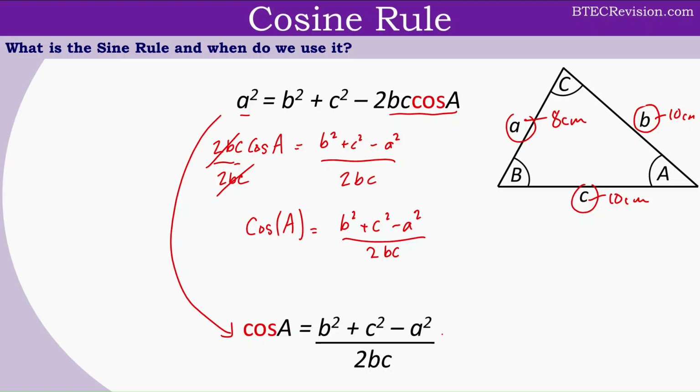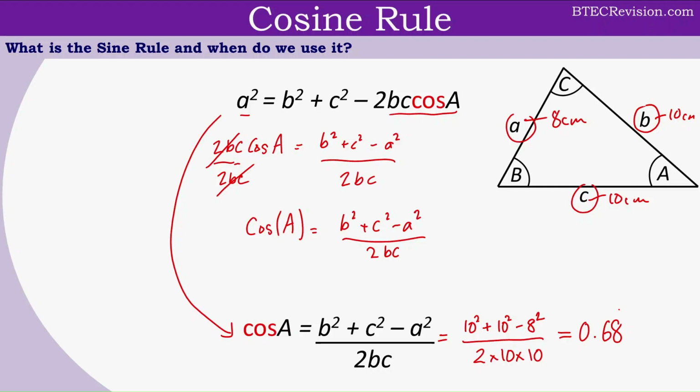Plugging these values into our equation, we get b is 10 squared plus c is 10 squared, take away a is 8 squared, divided by 2 times b, which is 10, times c, which is also 10. And that's equal to 0.68. Now, that's cos A is equal to 0.68.